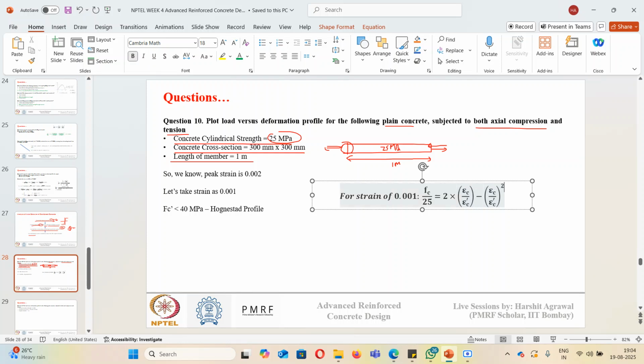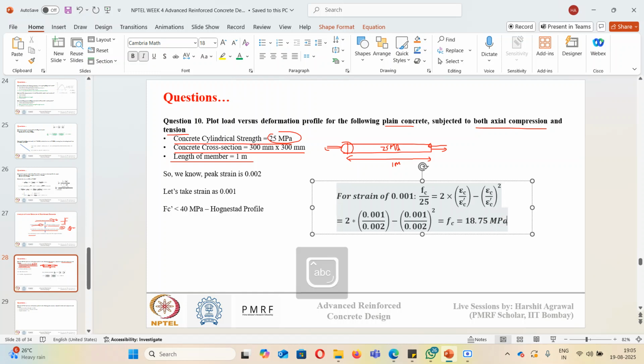The right hand side becomes 2 times epsilon c, which is 0.001, the strain at which we want to do the calculation, divided by epsilon c dash 0.002, minus 0.001 divided by 0.002, squared.